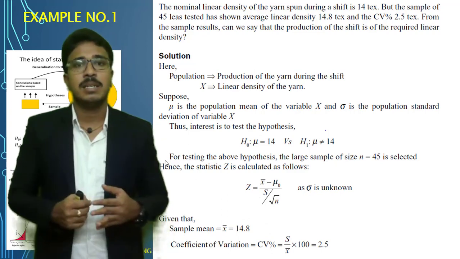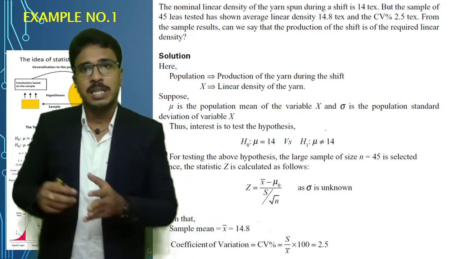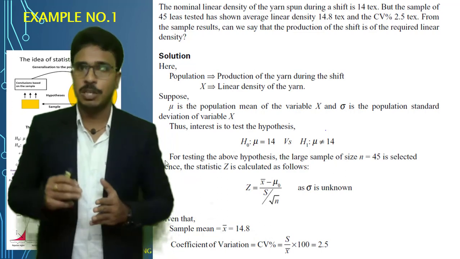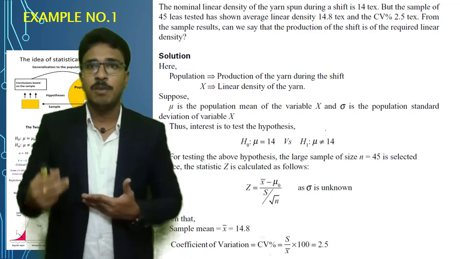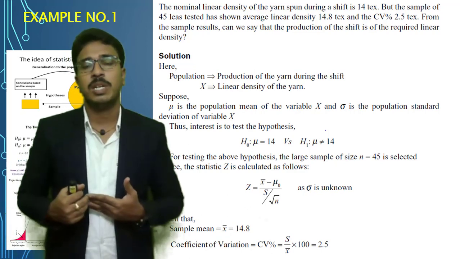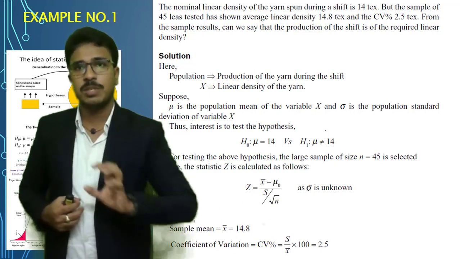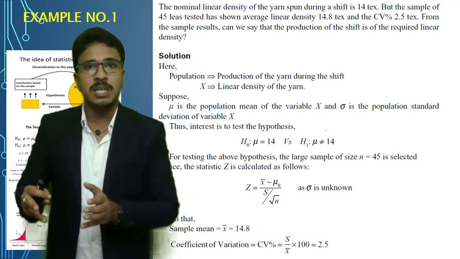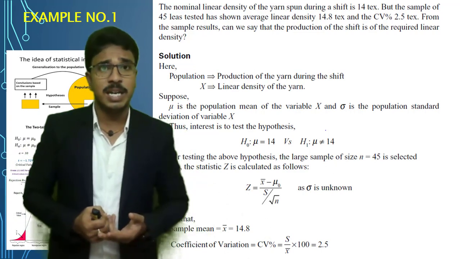Again I am repeating, try to understand the problem carefully, where this example is related to spinning. In a shift they have produced a 14 tex count, which is nothing but the yarn count. After production, we should not send it as it is, we have to test for its quality, right?